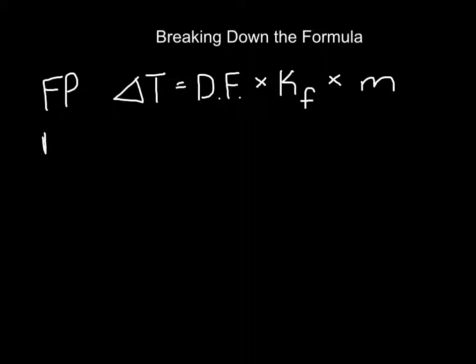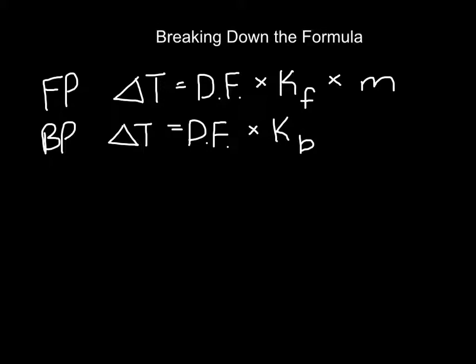For the boiling point, delta T equals dF, which is the dispersion factor, times Kb, which is a constant, times the molality of that solution.